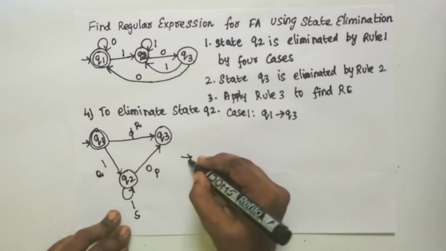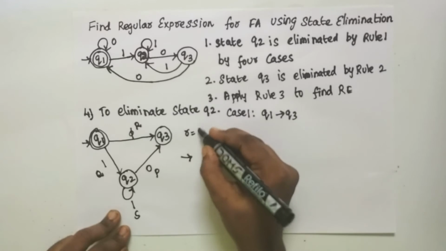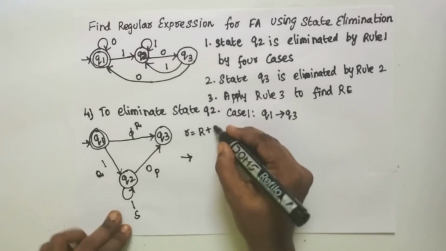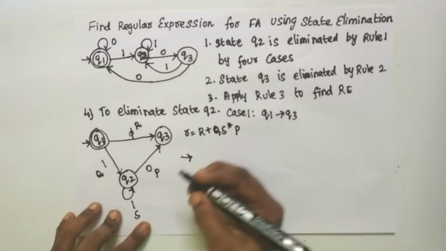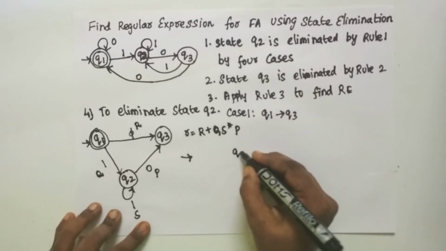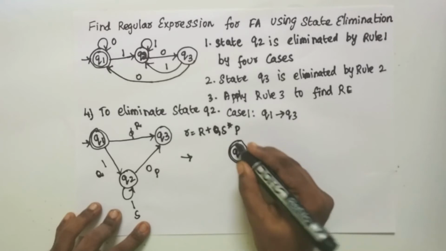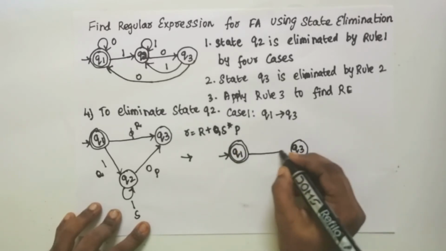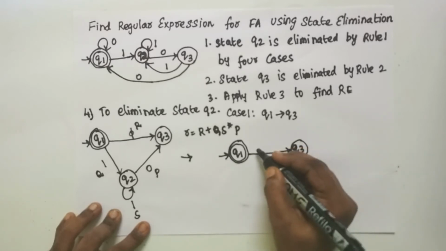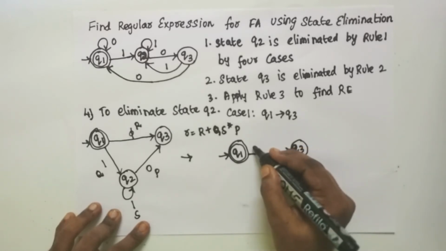So to eliminate, your R will be equal to R plus Q into S star into P. So you will have the state Q1, Q1 is initial and Q3, and you are going to write the regular expression. So what will be the value? So R is pi.